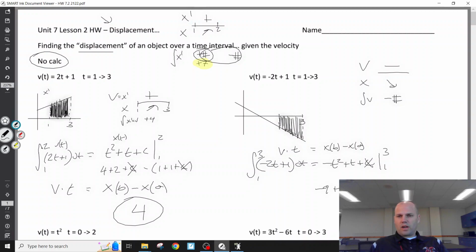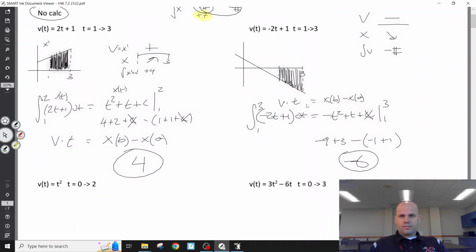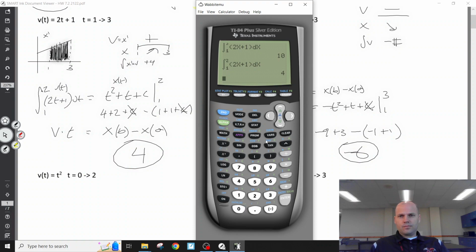Plugging in 1 and squaring it, and then making a negative, negative 1 plus 1, giving me negative 6 minus 0, so negative 6. Checking this answer from 1 to 3, negative 2t plus 1, should get negative 6.